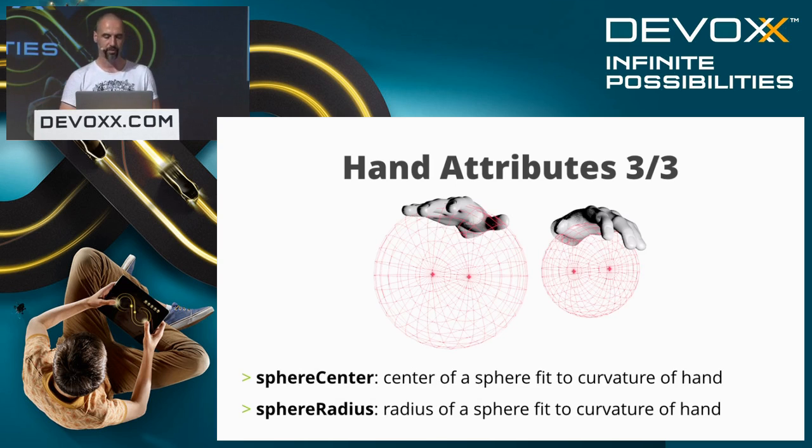And then there's another set of attributes here that I don't particularly recommend that you use, but I'm just trying to be complete. They allow you to have a sphere, like a virtual sphere at the bottom of your hand, which is very flaky because it relies on the curvature of the palm of a person, I guess. Well, that's my theory about it, because I could never get it to do anything really predictable. I don't know if anyone else was able to.